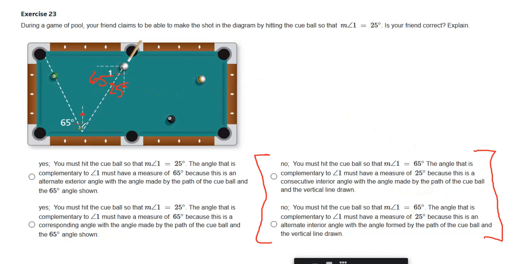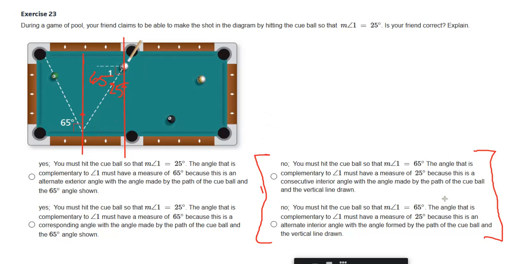So, yeah, the idea is these would be, they're not, let's see, consecutive interior angles. I don't see consecutive interior angles. If we were talking about a consecutive interior angle to 25, it would be this angle right here, which they didn't tell us anything about.